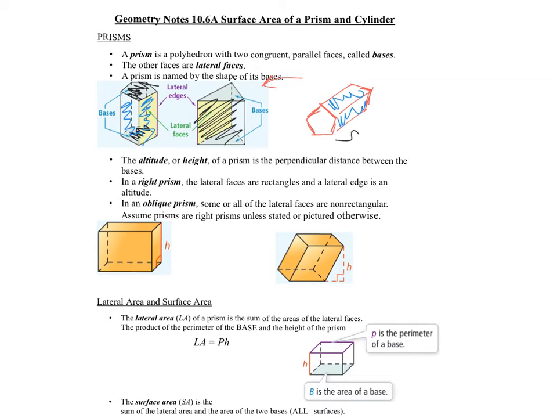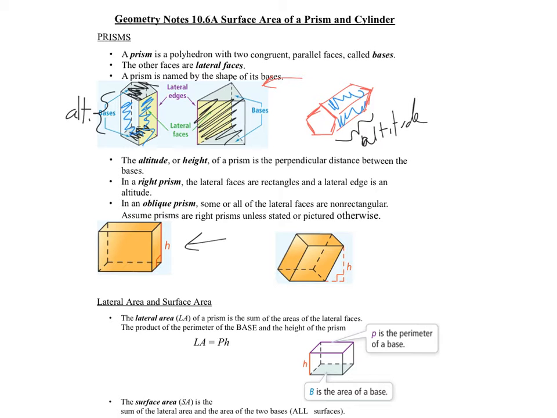So even though this is laying down, that technically would be altitude or height. In this case, when it's standing up, that would be altitude or height. Right prism simply means that it's a right angle, that they're straight up and down like this one. An oblique prism simply means that the lateral faces are not rectangular.